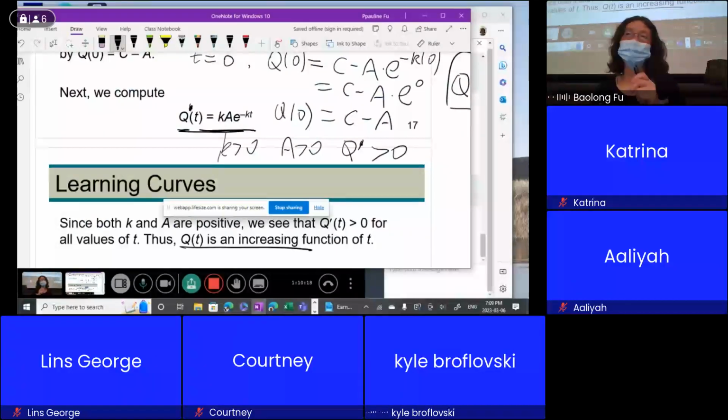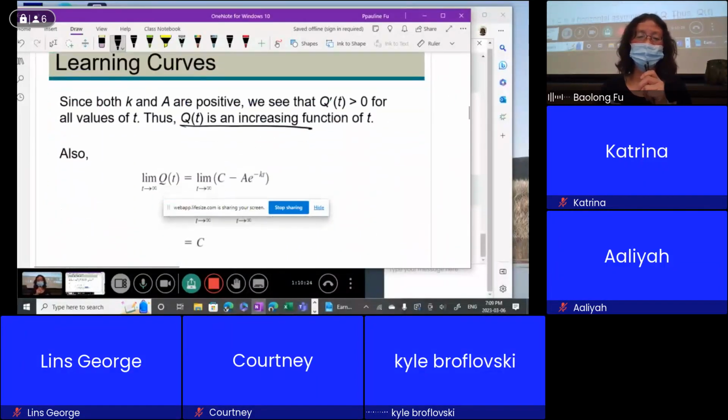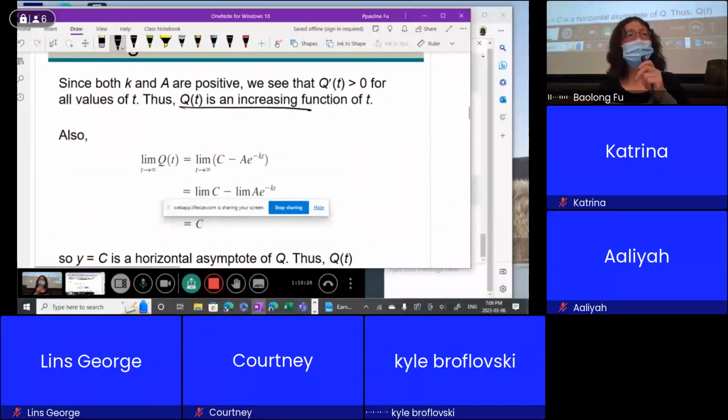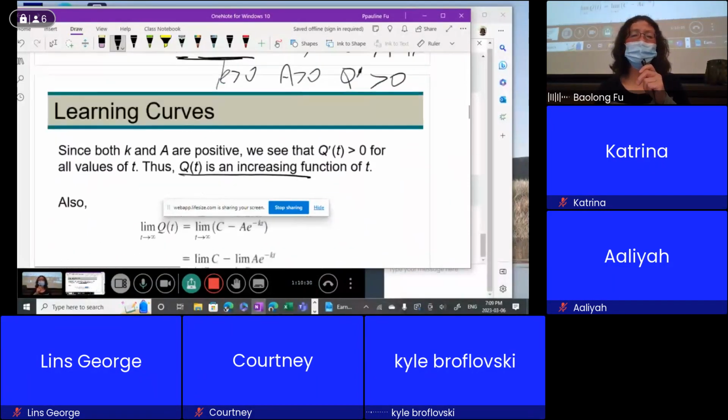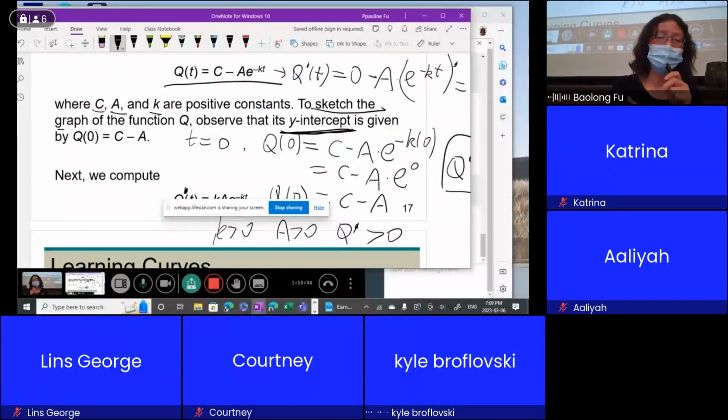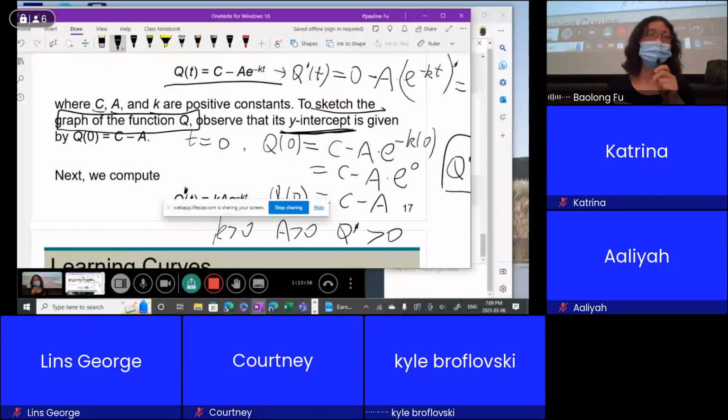If the first derivative is positive, then the function must be increasing. What we are doing here, we are trying to sketch the graph of Q.